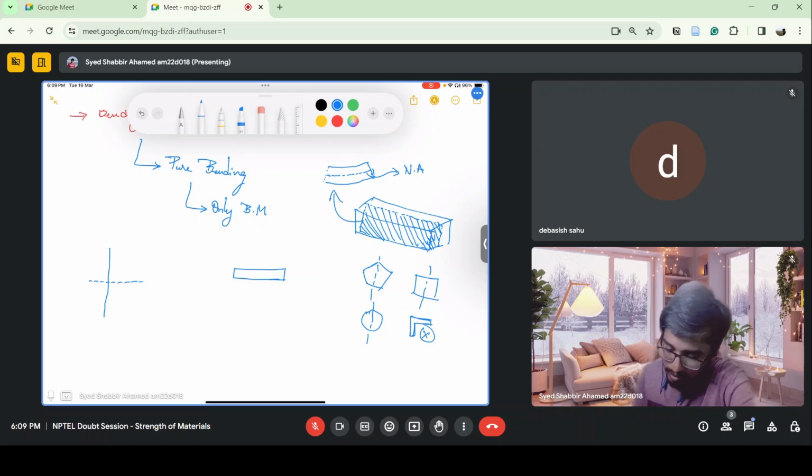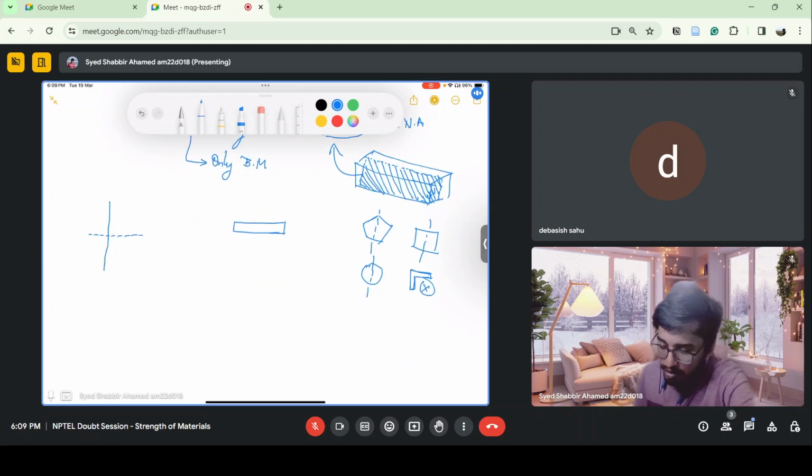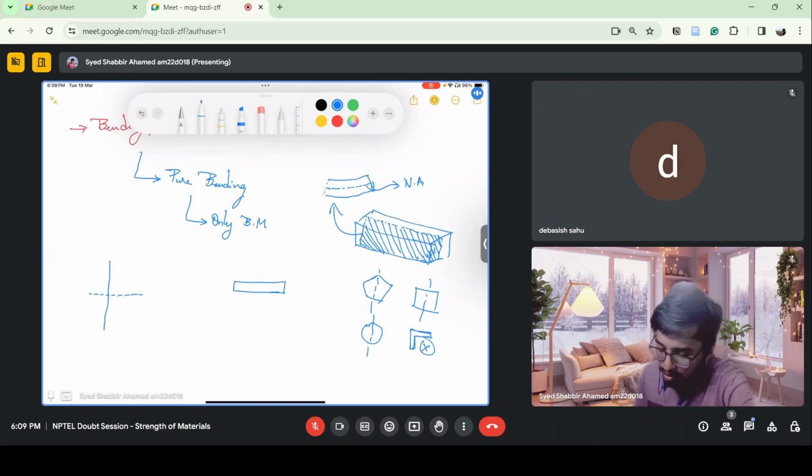Whenever a beam is deformed, we see that there is an axis which doesn't deform, which means that the length of this axis, the neutral axis, is the same before and after deformation. That's why it is called the neutral axis.